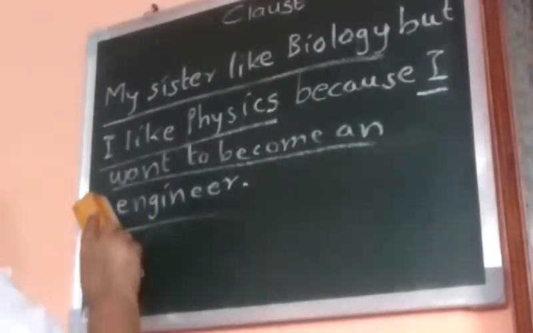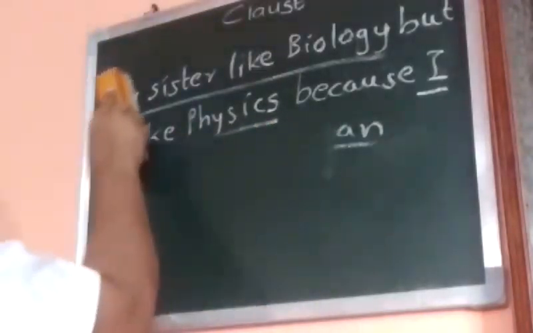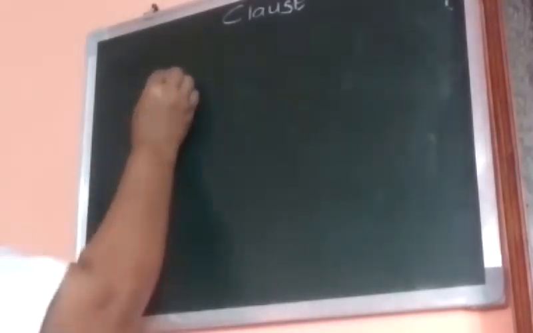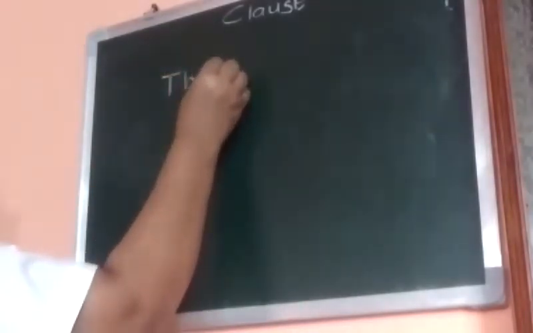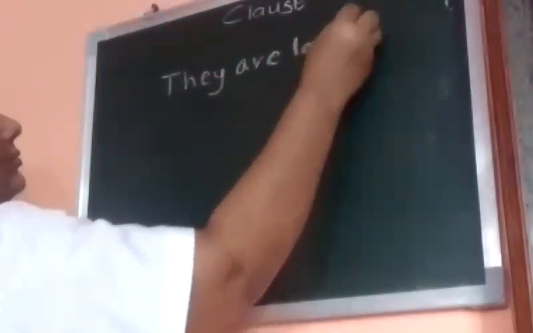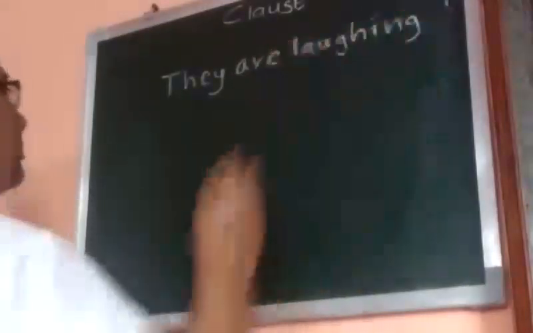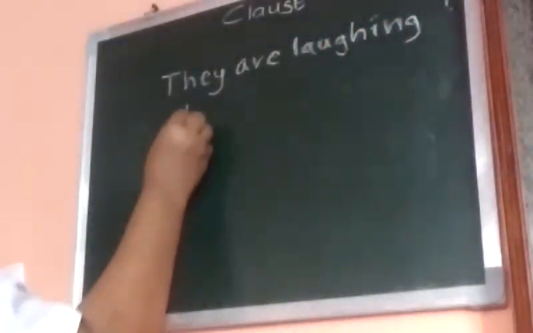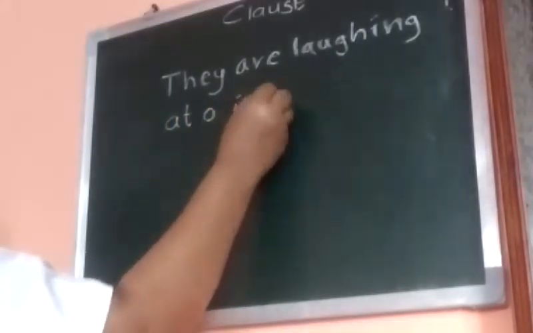A clause by definition is a combination of words having both subject and verb. Hence, a part of a simple sentence can also be viewed as a clause. Now, look at this example. They are laughing at a joker.